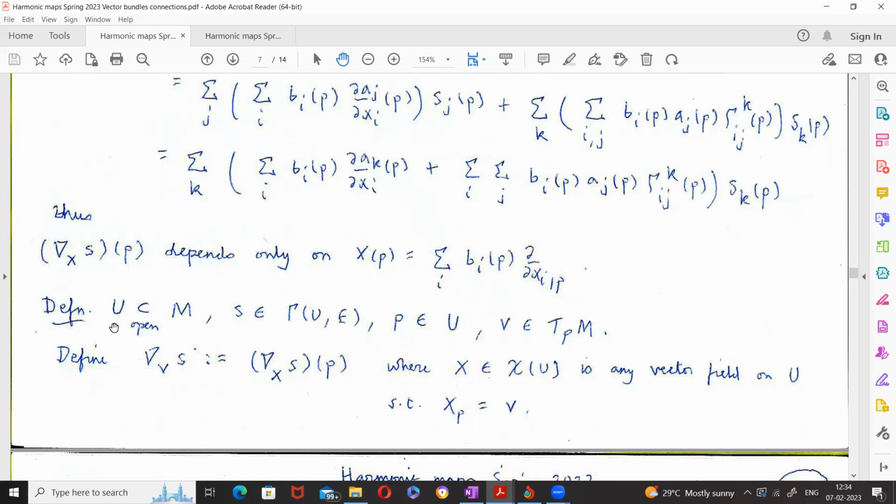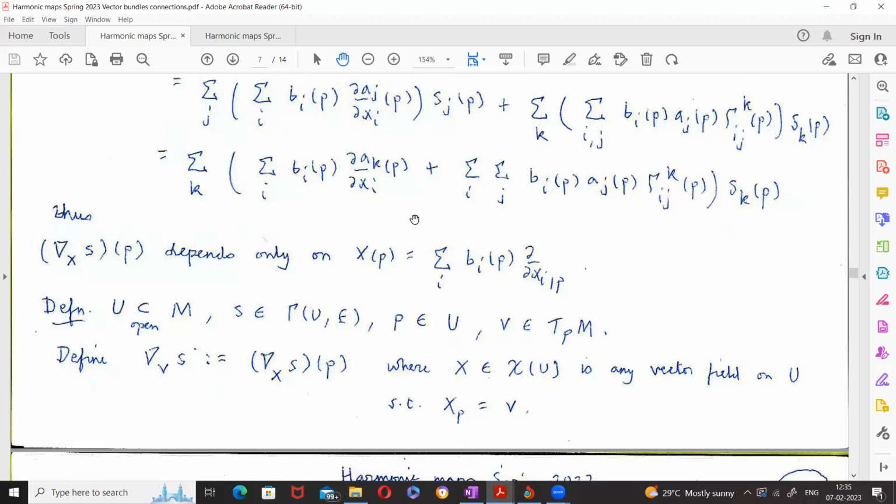How? Well, you take any open set U in M, and you take any section S on U, and you take any point P in U, and you take any tangent vector V in TPM. Then you define nabla sub V of S to be nabla sub X of S at P, where X is any vector field on U such that X at P is equal to V. Okay.